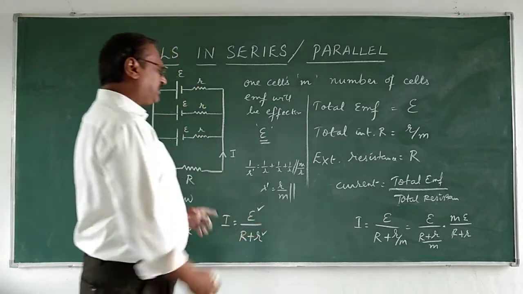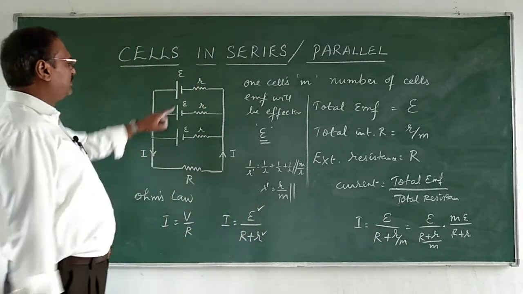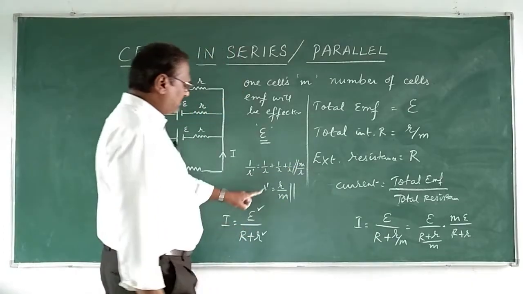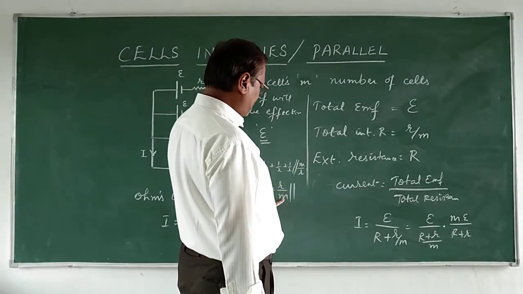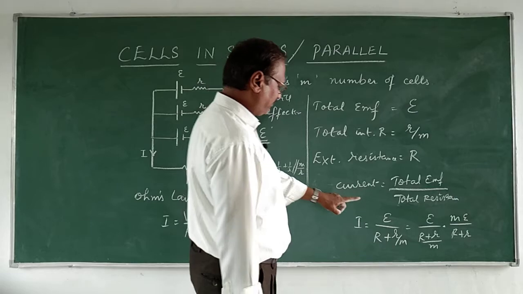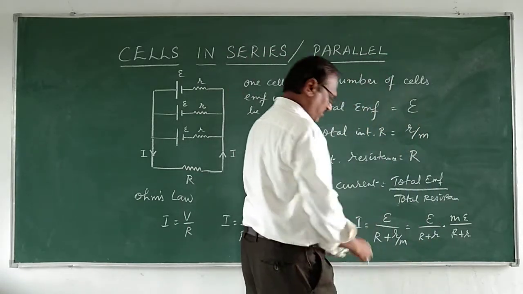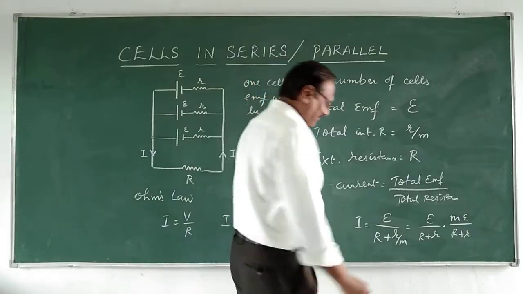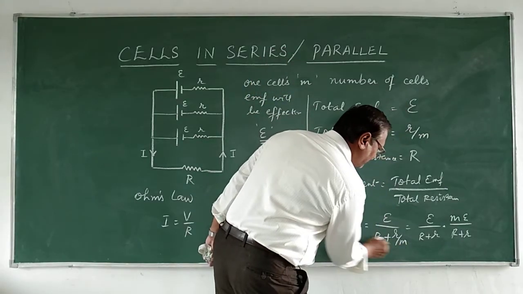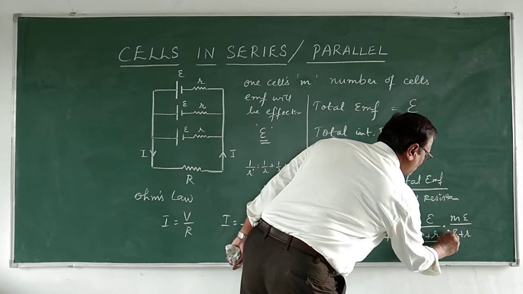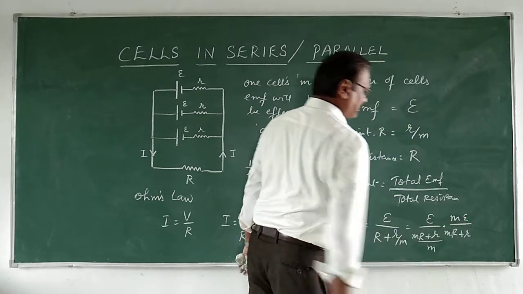Wait, just a minute, let me cross check a point here. This is 1 upon r dash, m upon r, r dash equal to r upon m, and I have taken m as a common denominator. Yes, of course, a small mistake has been done, right? M will come here also, mR upon m, so it goes up, so mR plus this.